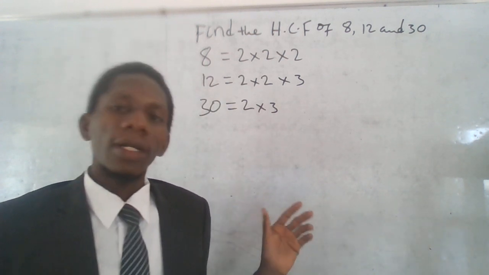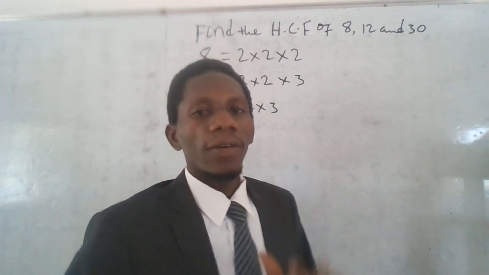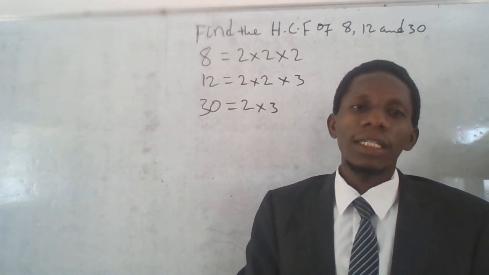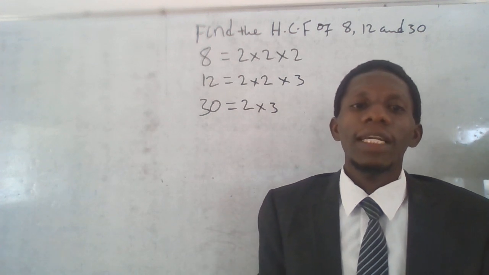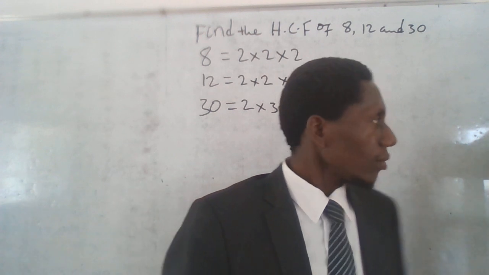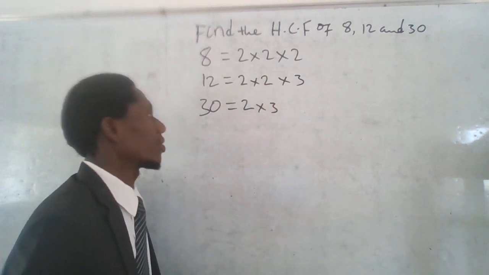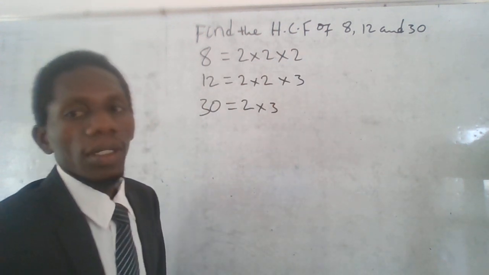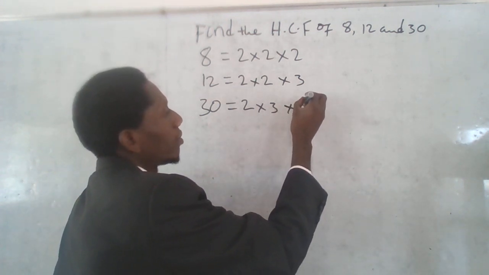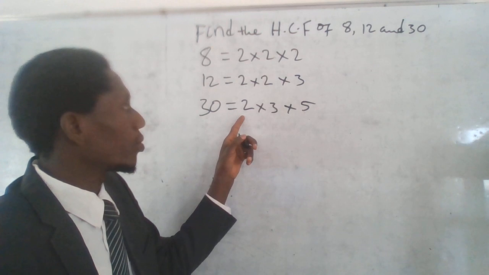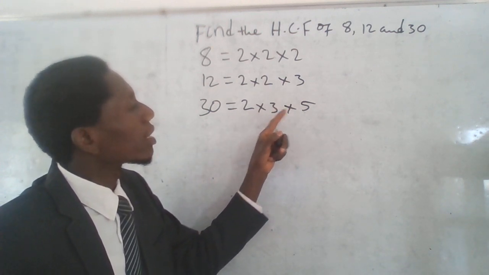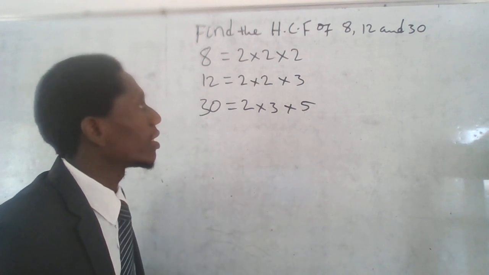There's no number except 5 and itself. 5 times 1 is still 5, and that's the only number that can give us 5, so we are going to write our 5. That means 2 times 3 is 6, and 6 times 5 is 30.